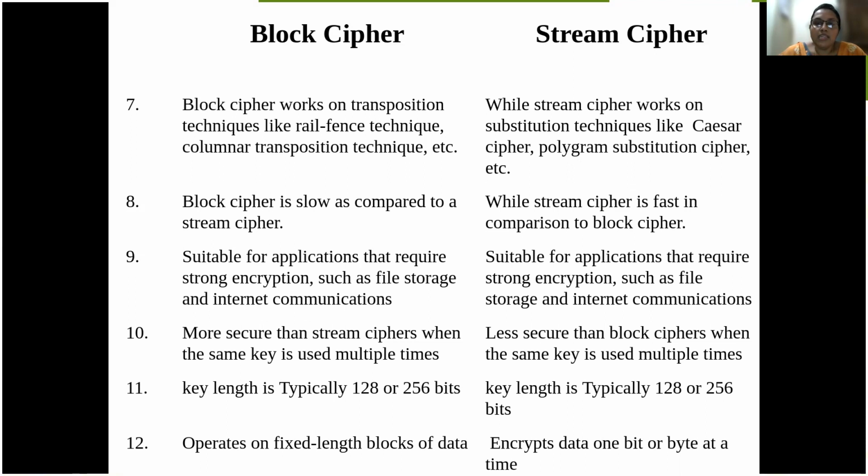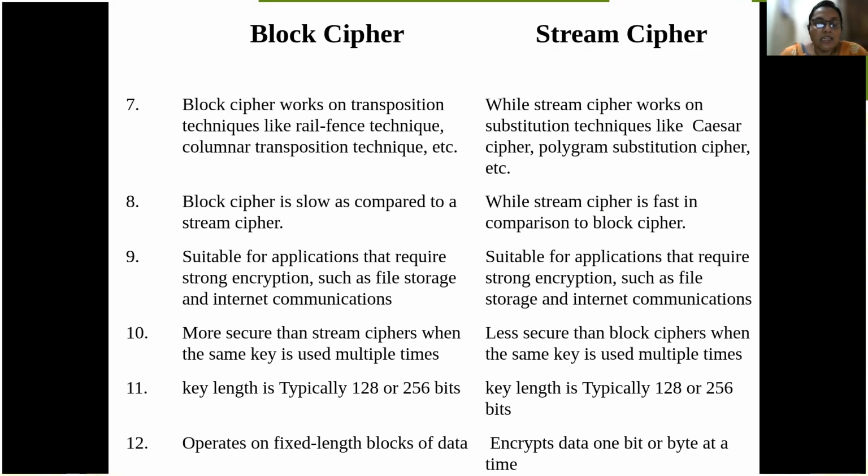But in the case of both block cipher and stream cipher, there are occasions when it is used for file storage and internet communication in both cases. Then the block cipher is considered more secure than stream cipher because, depending on what key we are using, we can use the same key multiple times.